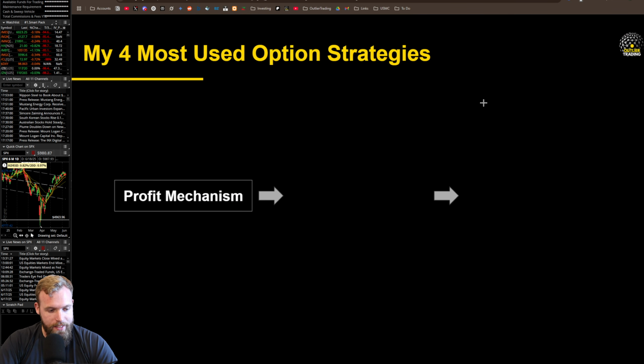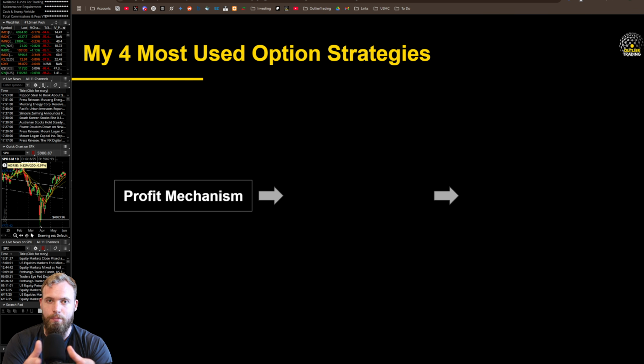So let's dive in. The very first thing you'll see is profit mechanism. Why is profit mechanism on this instead of giving you iron condor or a vertical spreads, something like that? It's because in order to build an option strategy, you have to base it on some sort of profit mechanism. That is the first step.